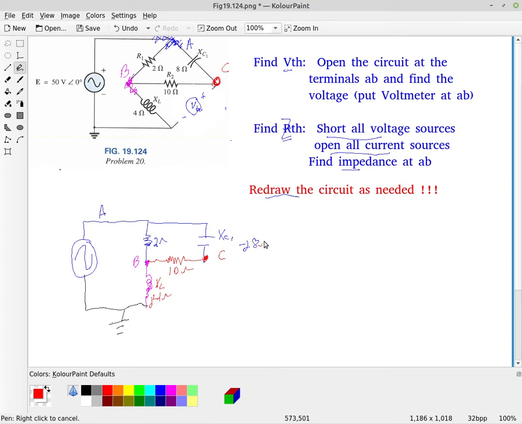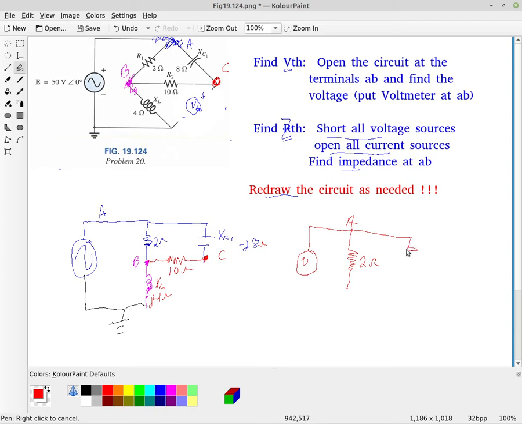I redrew this, but I want to redraw it one more time and make it even a little bit neater. So we're going to have our 2 ohm resistor, and again, you could go back through and label those. This is node A up here.